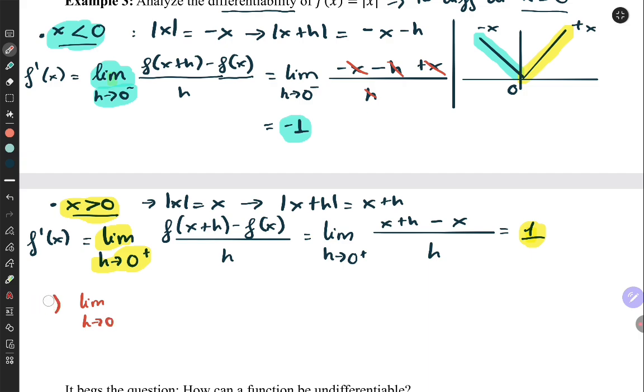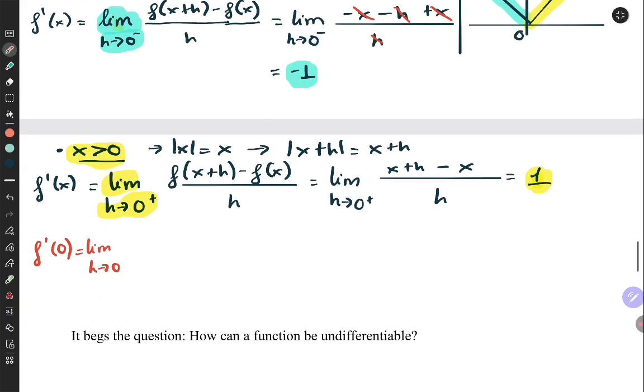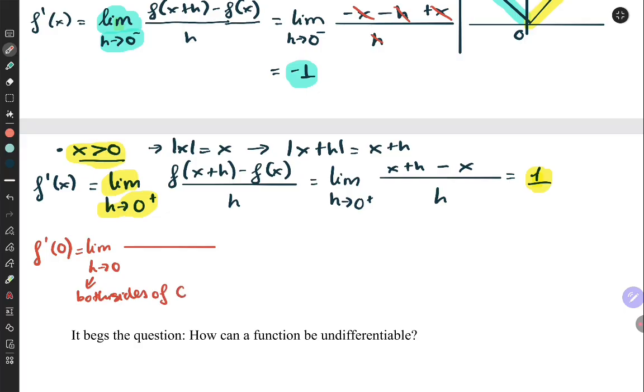In other words, the limit at 0 from both sides. There's a derivative at 0, right? From both sides. This is the limit at exactly 0.